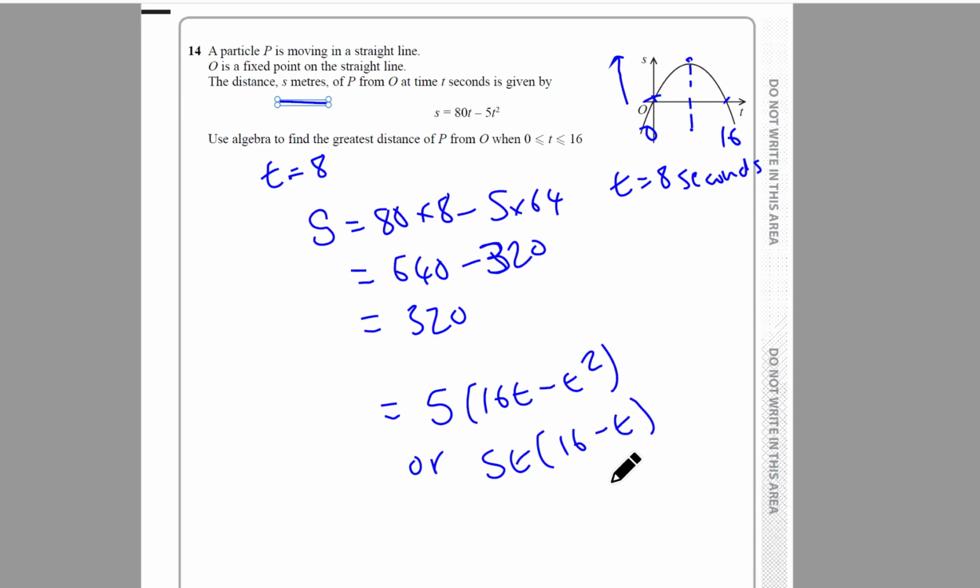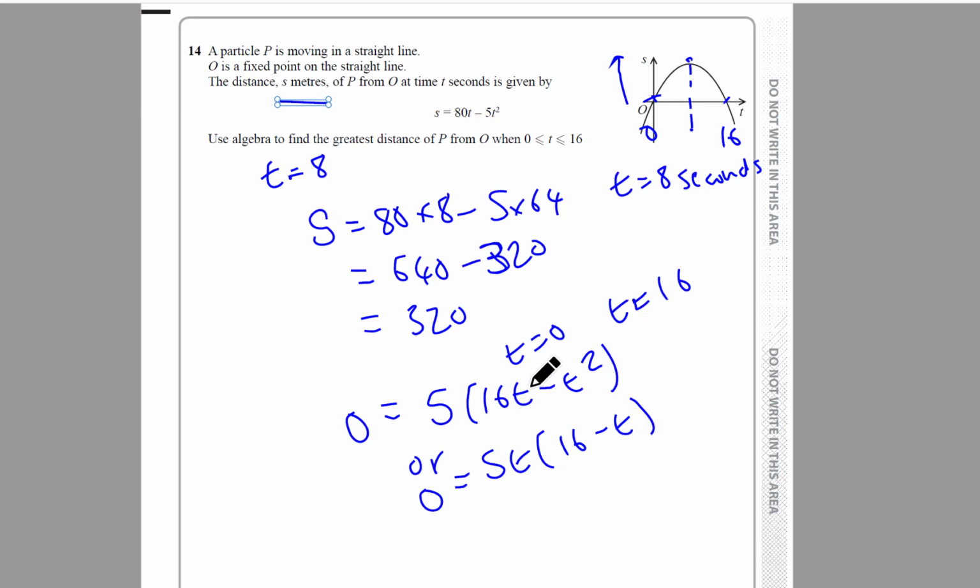Now why you do this is because when s is 0, that will give us the answer of t equals 0 and t equals 16. And I think you have to do this. You can't just assume this is 0 and 16, to be fair, looking at it. I just assumed it was.